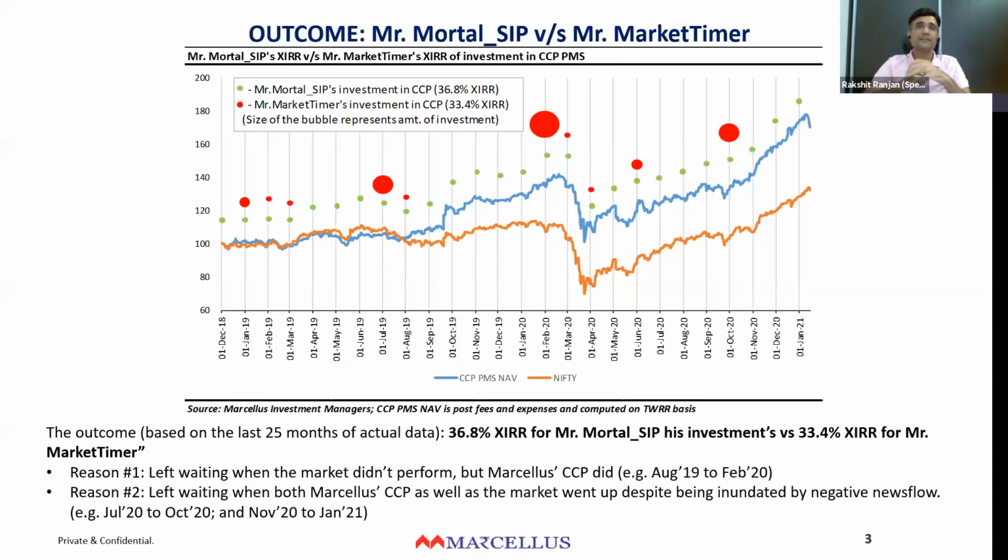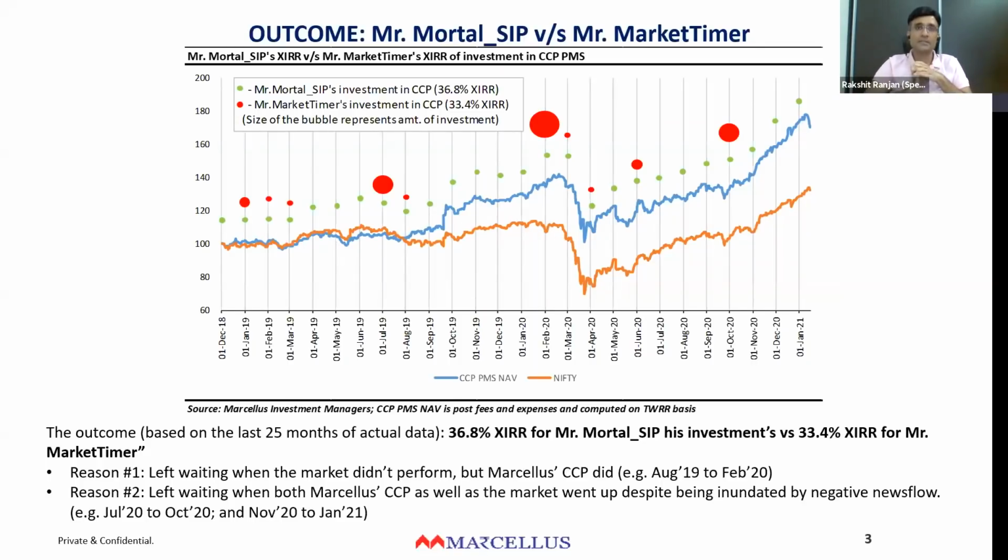As a result, there would be periods of 1, 2, 3, 4 months where you don't see the darker bubble appear because Mr. Market Timer is not putting in his funds into Marcellus CCP. And after having waited, if let's say it's a 4-month long wait, then 5 lakhs multiplied by 4, he invests 20 lakhs at the end of that waiting period, and the size of the bubble correspondingly is bigger, right? So that's how you read this chart.